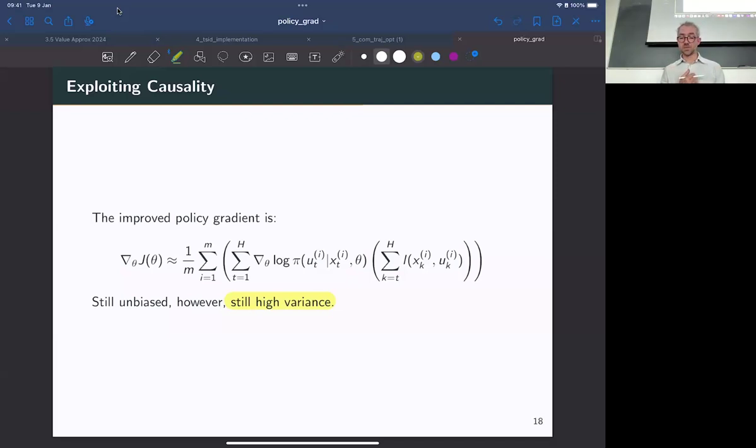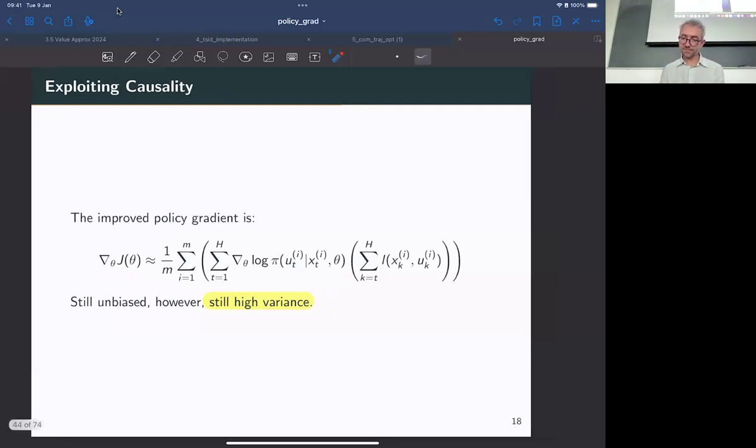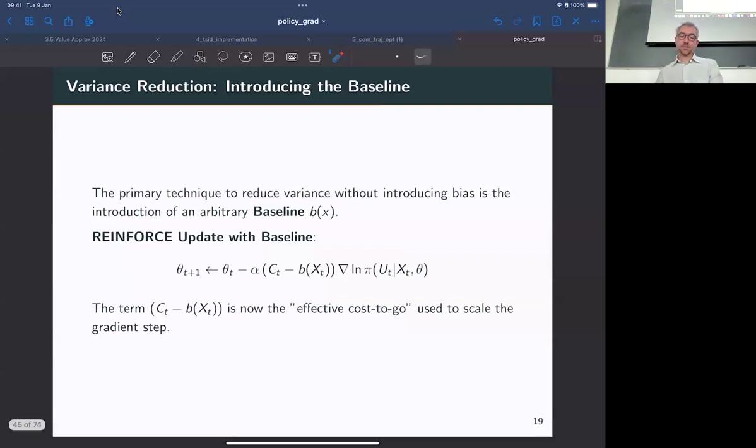So it's just a little step in the right direction, but it's not a solution. If we want to really solve the high variance problem of these policy gradient methods, we need to do something a bit more effective. And that's going to be introducing a baseline.